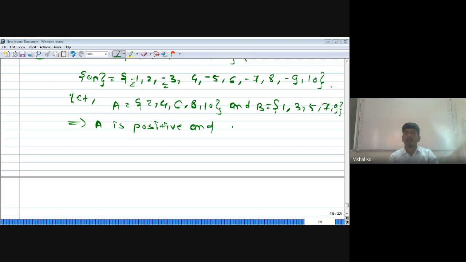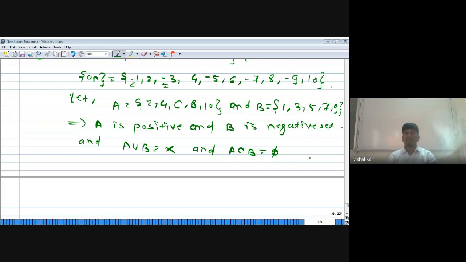As A and B are positive and negative sets respectively, A union B will be equal to X, since it contains all the elements 1 to 10, and there is no element common between these two sets A and B, which implies A intersection B will be equal to phi. So here we get two sets, one positive and another negative, such that A union B equals X and A intersection B equals phi.